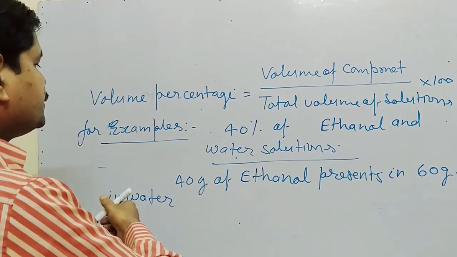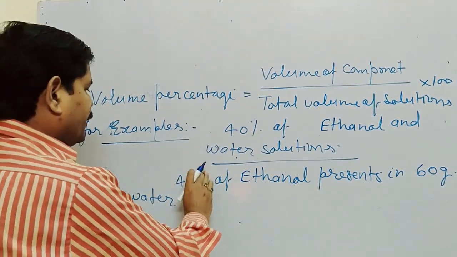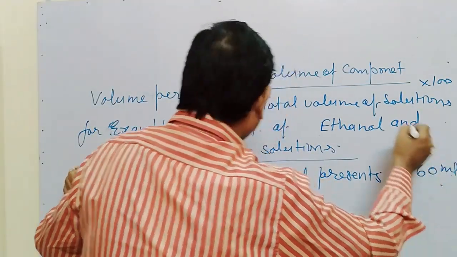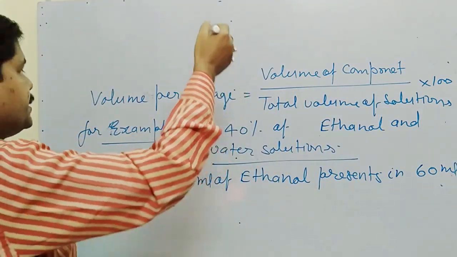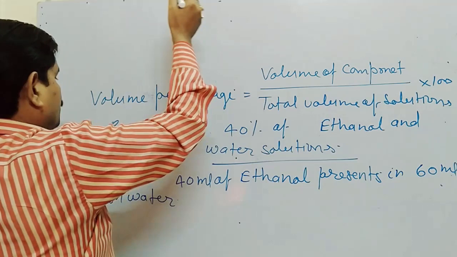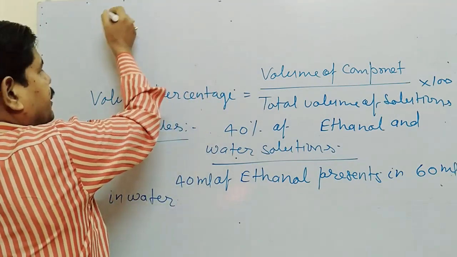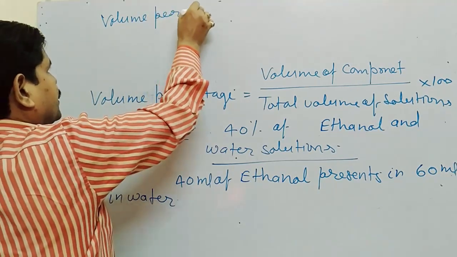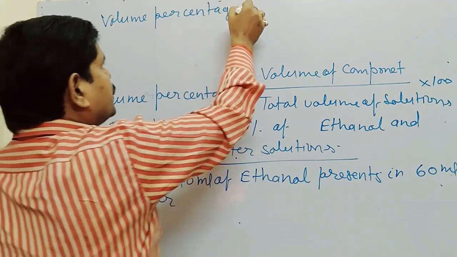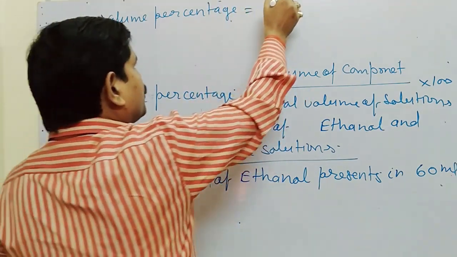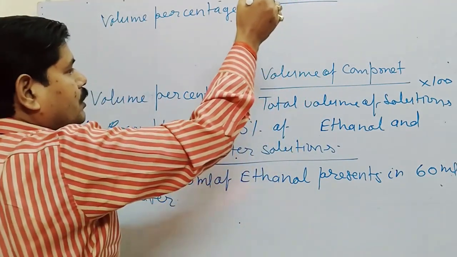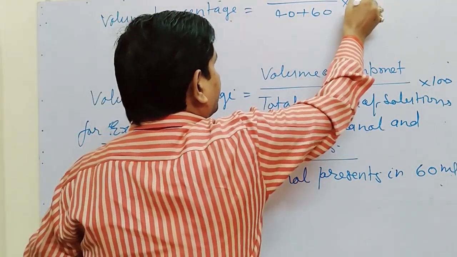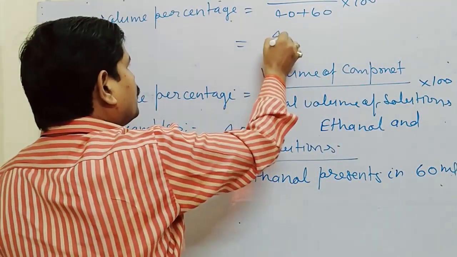The volume of the component is 40 ml and the water is 60 ml. So here we can write volume percentage is equal to the volume of the component, 40 ml, upon the total volume of the solution, 40 plus 60, multiplied by 100, which is 40 upon 100 multiplied by 100, equal to 40%.